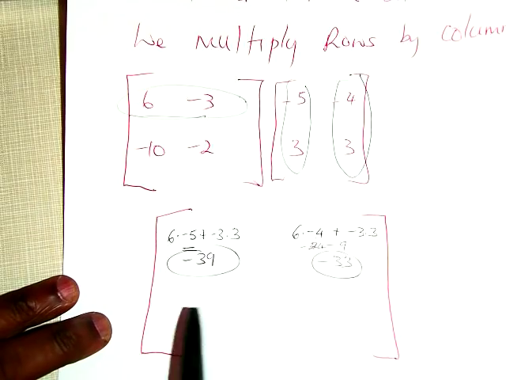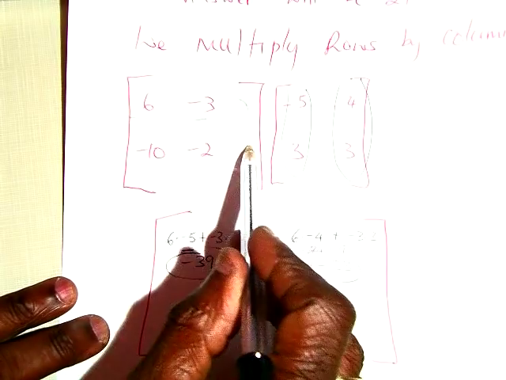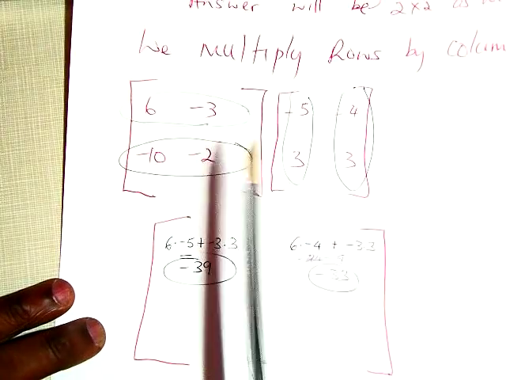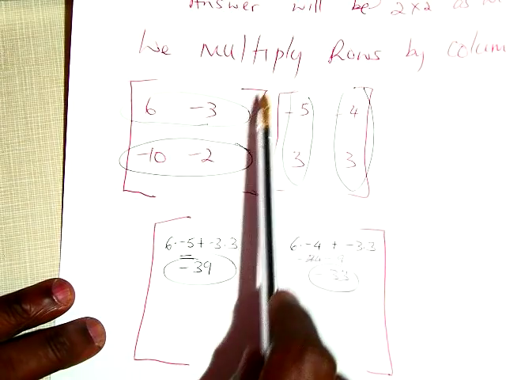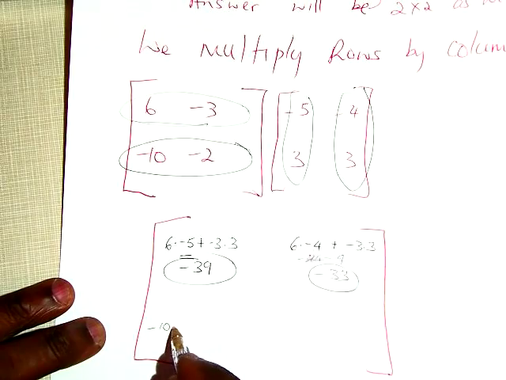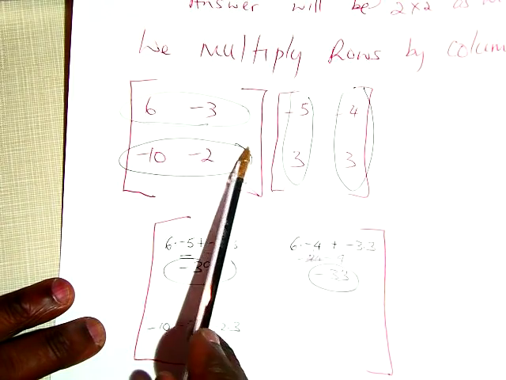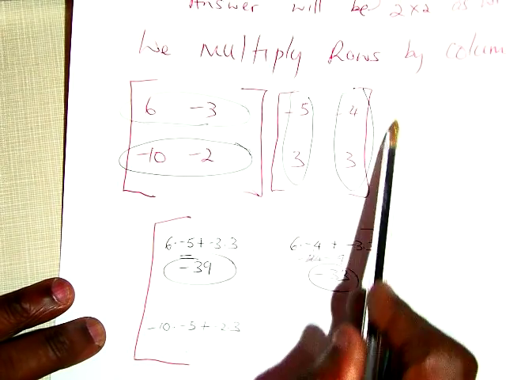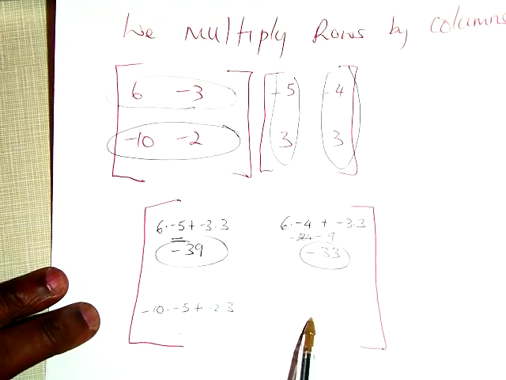And then I need to get the other answers down here. So now I go down to this row. I'm now going to multiply this row by this column. And that gives me what? -10 times -5. I'm going to add -2 times 3. And the answer is going to go here. And then lastly, I'm going to take this row times this column. And the answer is going to go here.